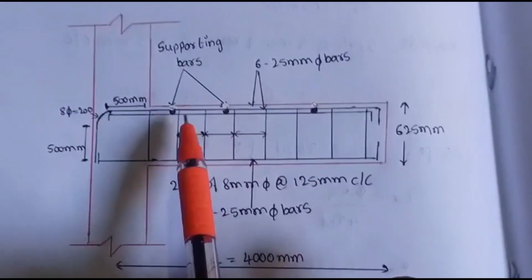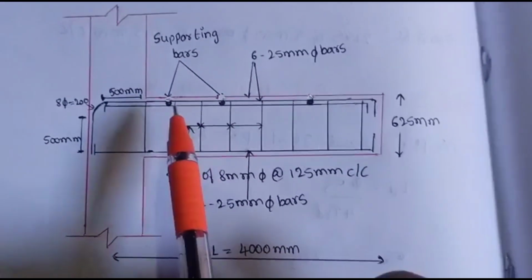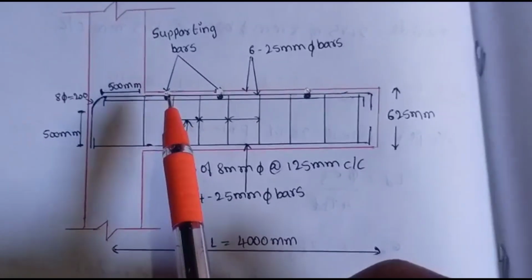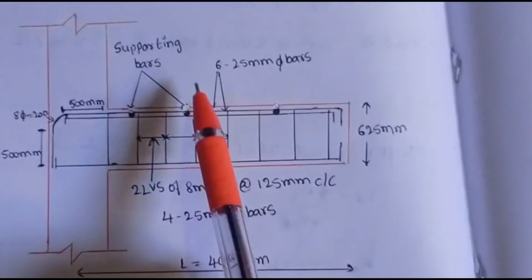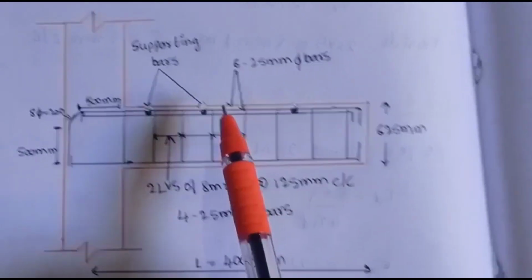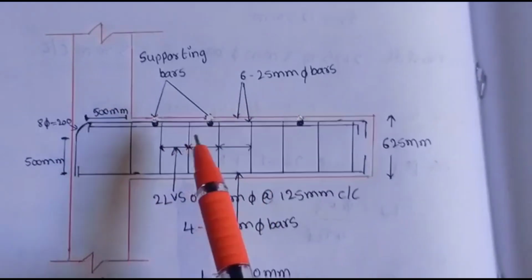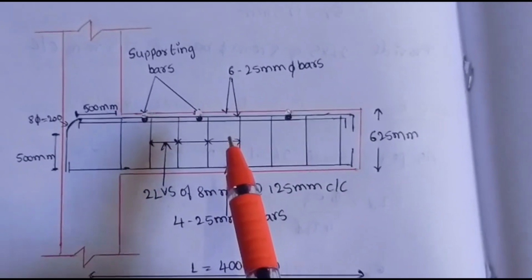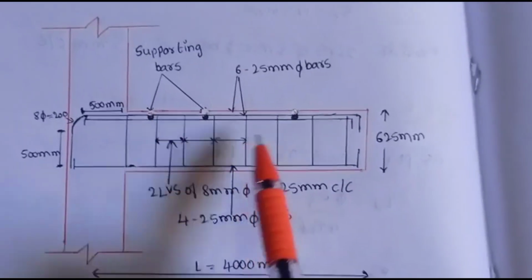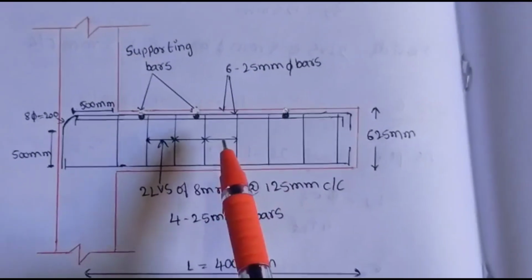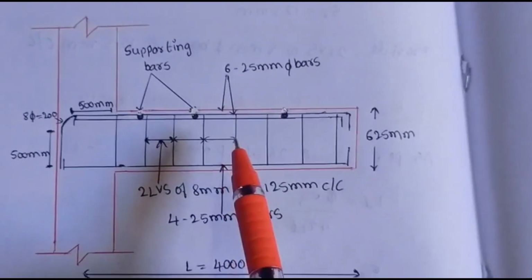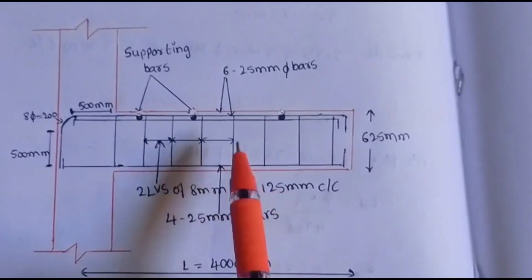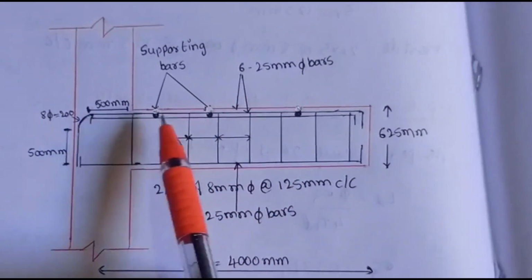Why we have provided the supporting bars is that when the required number of bars exceeds the capacity of a single layer, the bars are arranged in multiple layers to satisfy the total area requirement. So that's why I have provided one more layer here.